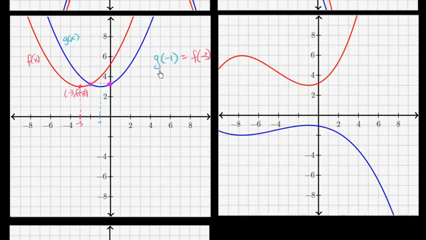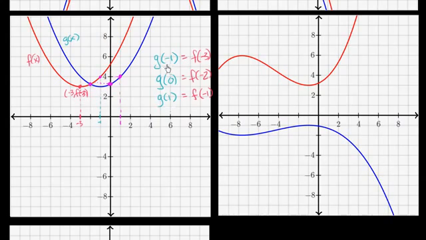So let me write that down. G of 0 is equal to f of -2. We could keep doing that. We could say g of 1, which is right over here. This is 1. G of 1 is equal to f of -1.